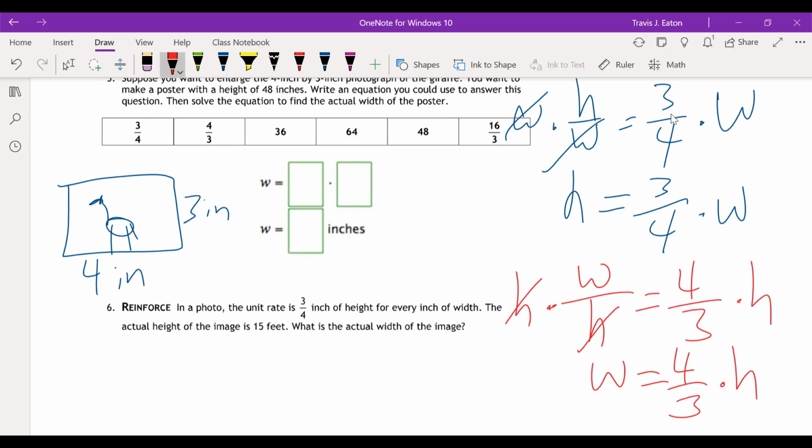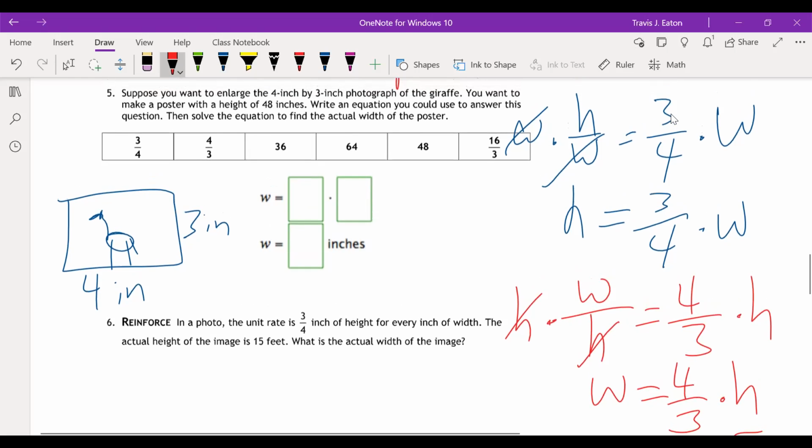So if we are given the height like we are in question number 5, and we want to make a poster with a height of 48, we would take our ratio of 4/3 and multiply that by the height.